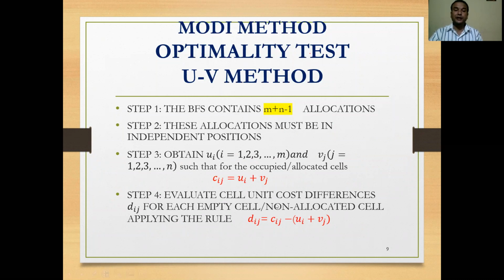And then we obtain Cij is equal to Ui plus Vj, where Ui and Vj are obtained from the occupied cells or allocated cells, and then we find Dij, and this Dij is our main term. These Dij will help us to know whether the solution is optimal or not.